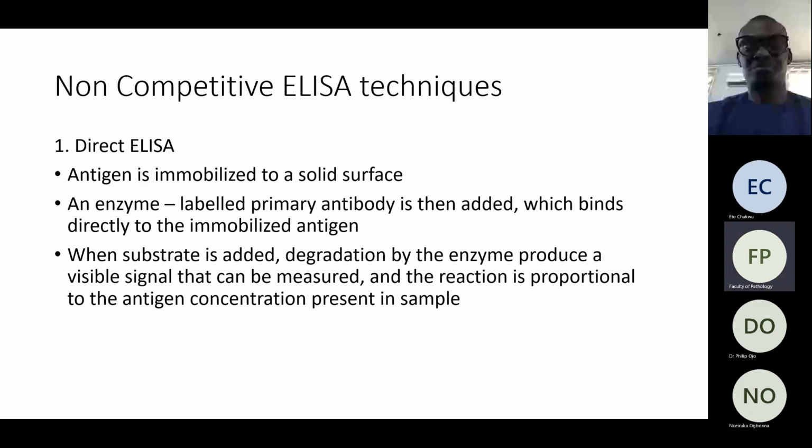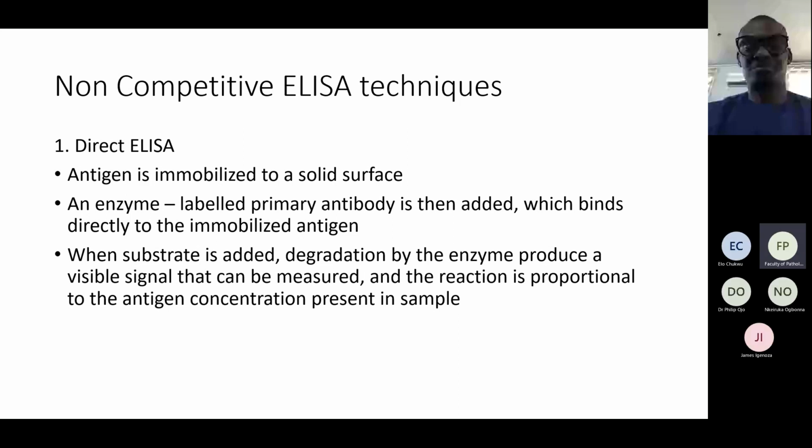Of course, you know that ELISA involves the use of ELISA plates. So in this direct ELISA, the antigen is immobilized to a solid surface, which is the ELISA plate.